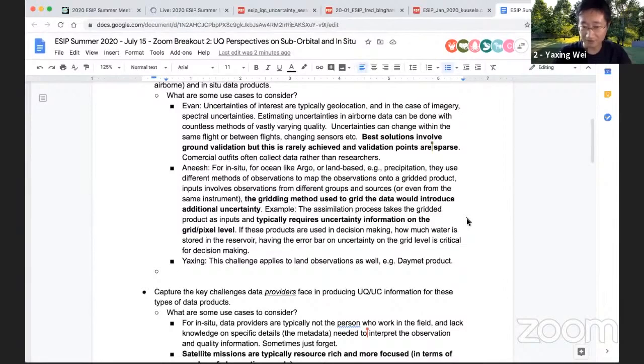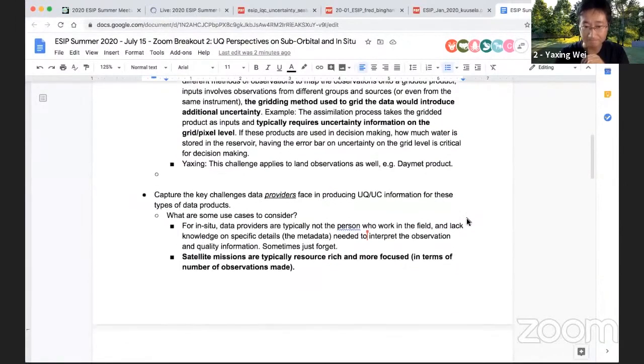Like Daymet has the daily meteorology data gridded product created from ground in-situ observations. And the need for pixel-level or grid-level uncertainty information, or the error bar, is a typical need from the user's perspective, and very important for many applications, including decision-making.